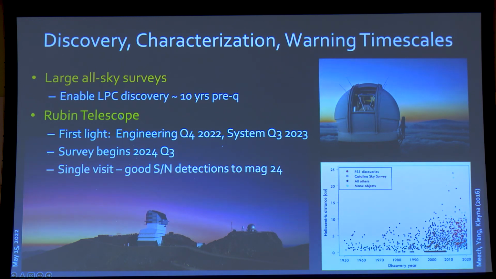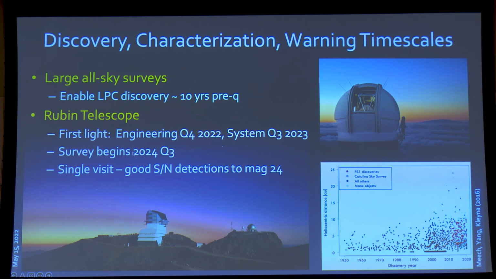The Rubin telescope is coming online in Chile, an 8.4 meter telescope. The engineering first light should be, I don't know if it's happened yet, between Q3 and Q4 this year. The system first light will be in about this time next year, and the survey is scheduled to begin in 2024.